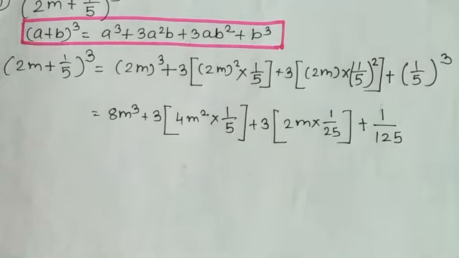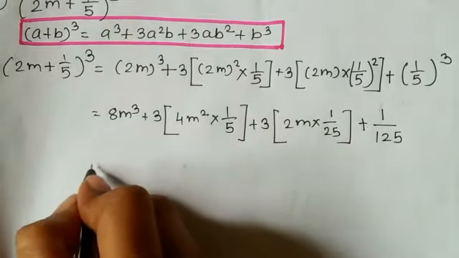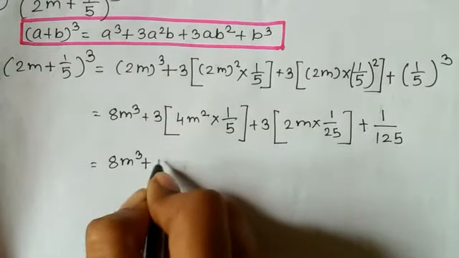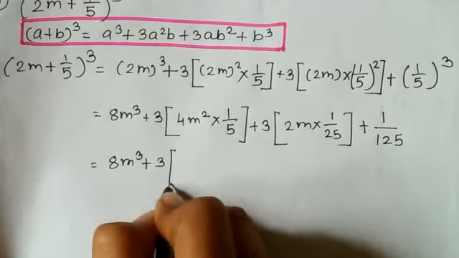Got it, students? Let's go ahead. 8m raised to 3 plus 3 into bracket.